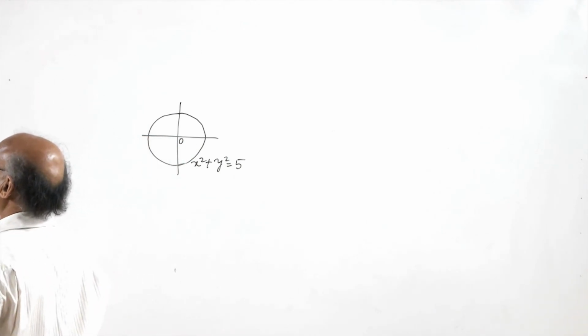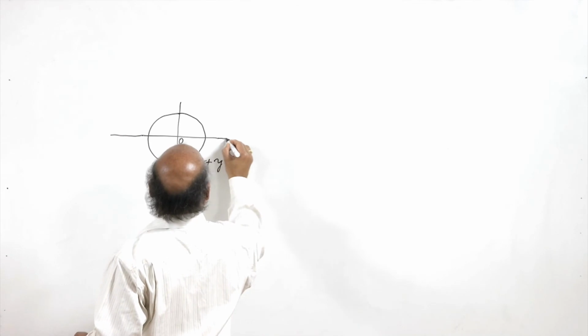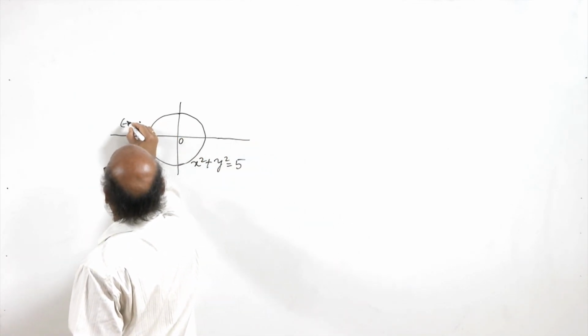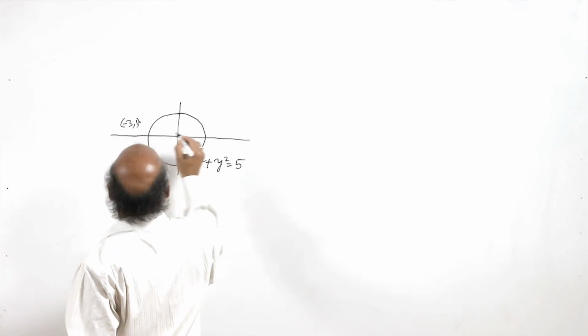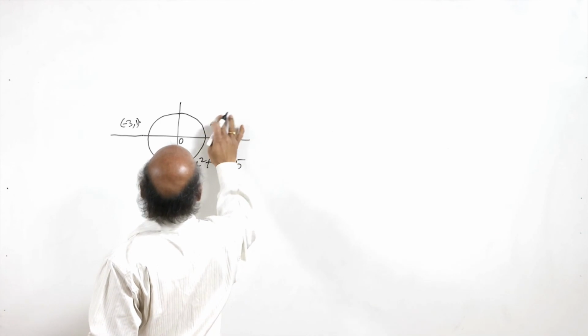At x equal to minus 3, y is equal to 1. So, this is let us say the point minus 3, 1, and this is the point 3, 1.